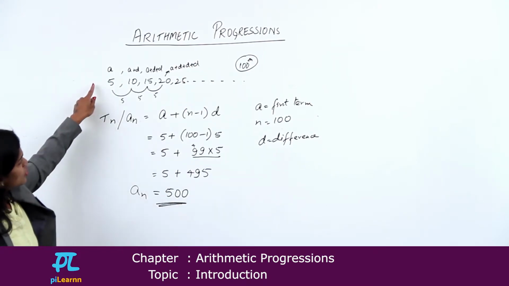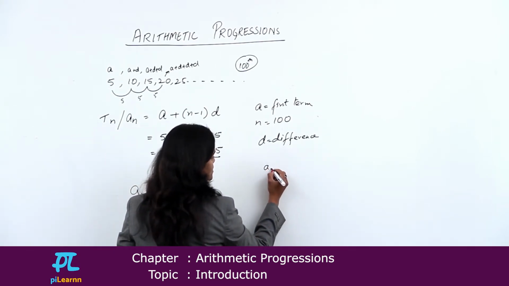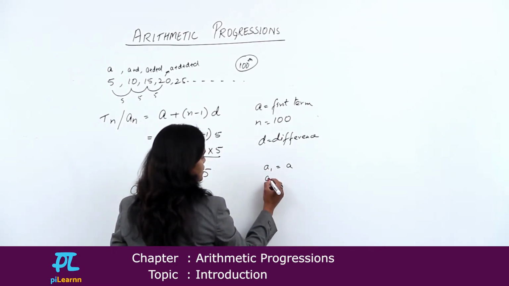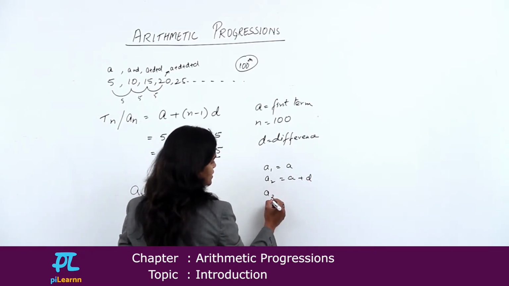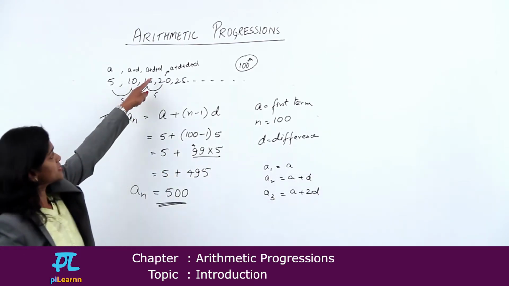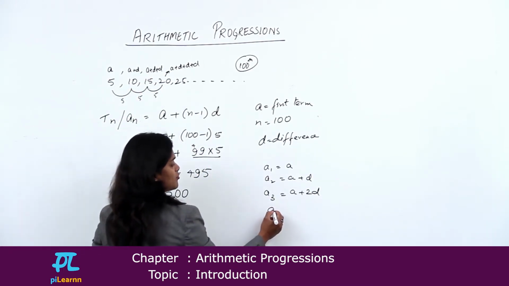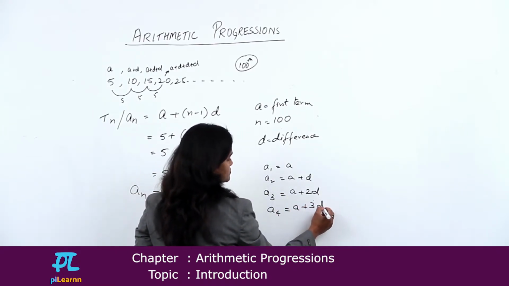Now, if you want to denote them, the first term, A1, is A. A2 becomes A plus D. A3 becomes A plus 2D. See here, D plus D, 2D. Then A4 becomes A plus 3D.